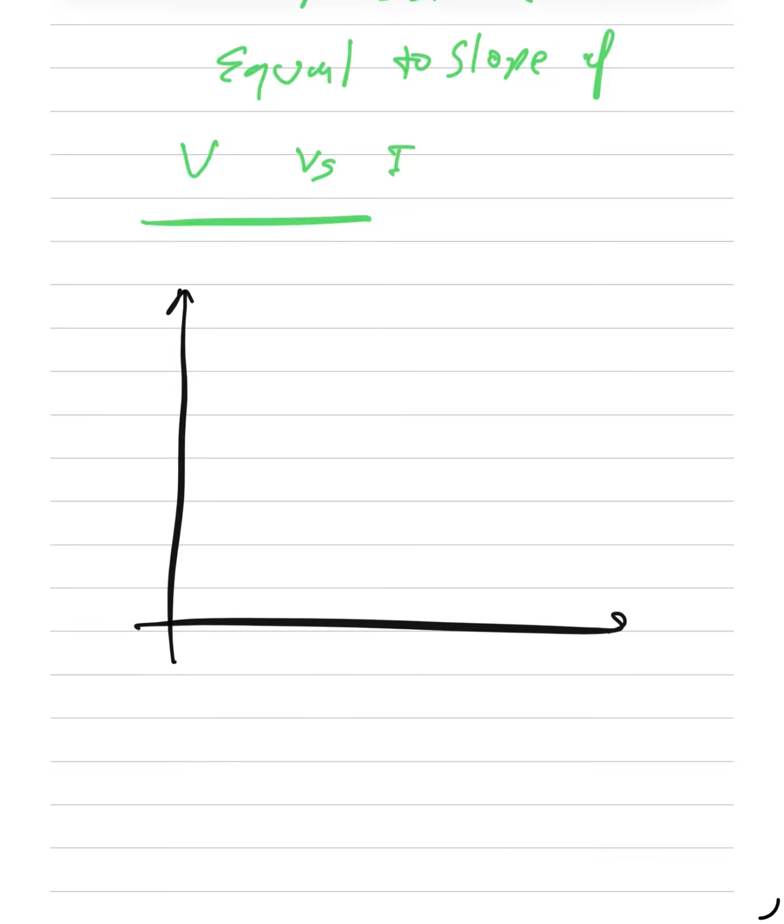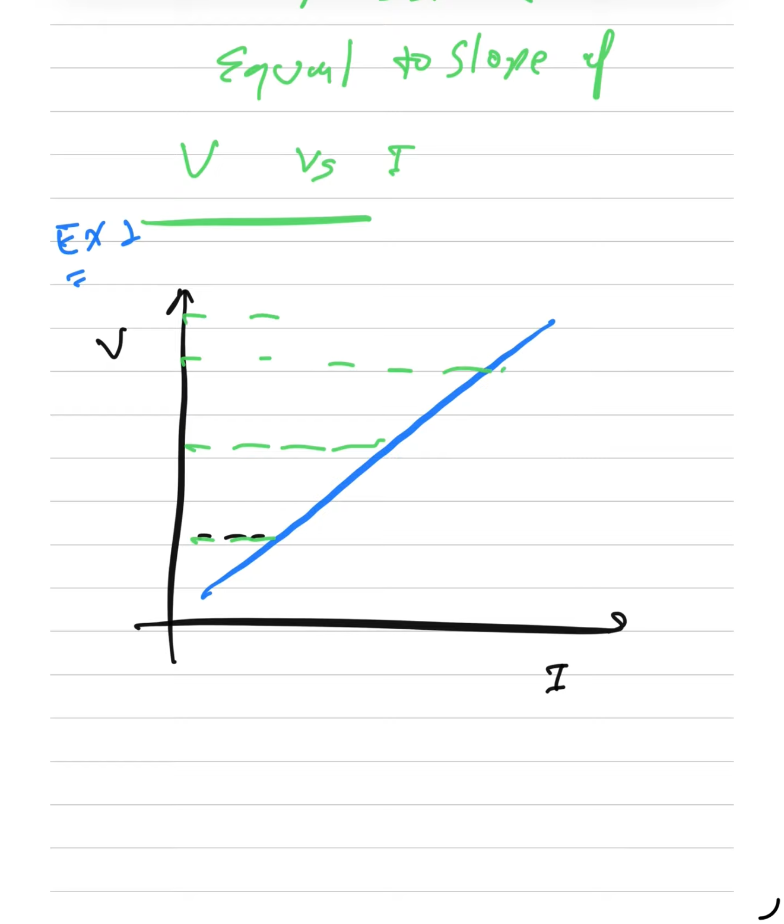Suppose this is a graph, a numerical problem, example first. The graph between potential difference and current is like this. Here the values of current are 2 ampere, 4 ampere, 8 ampere, 16 ampere, and the values of potential difference are 2 volt, 4 volt, 8 volt, 16 volt.